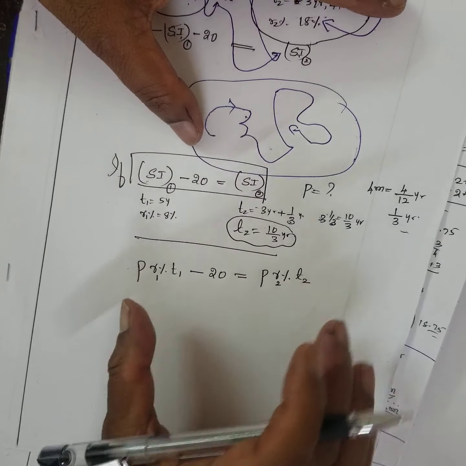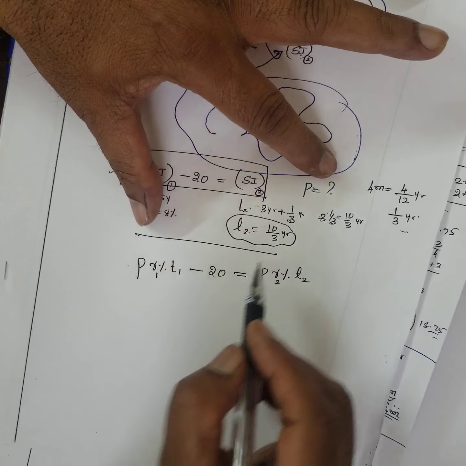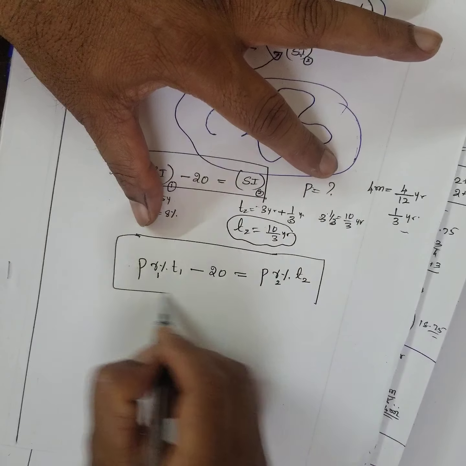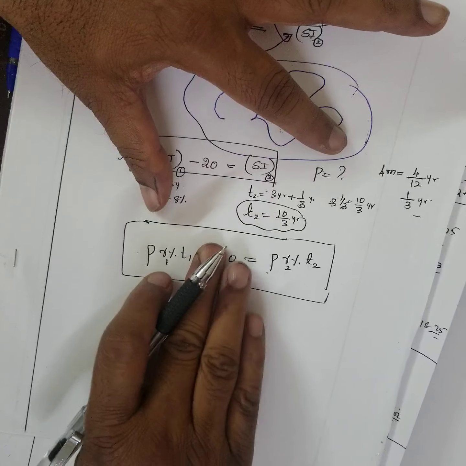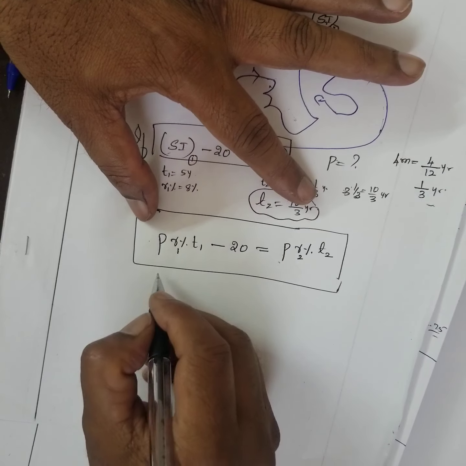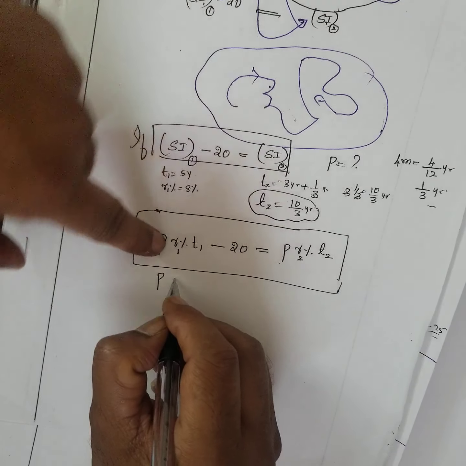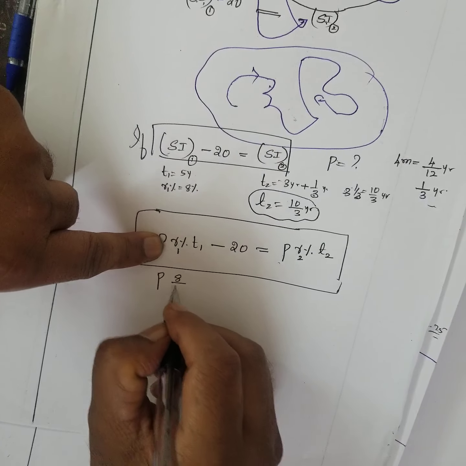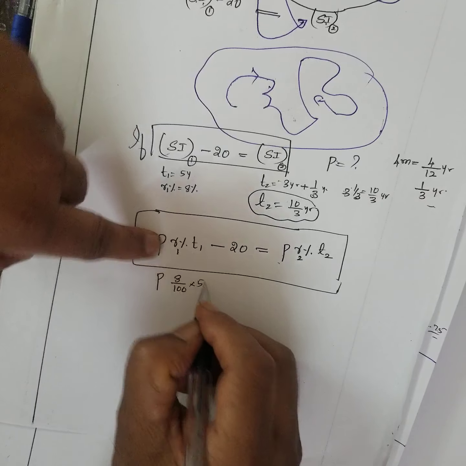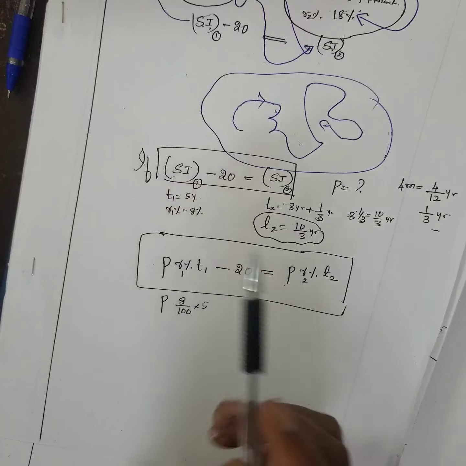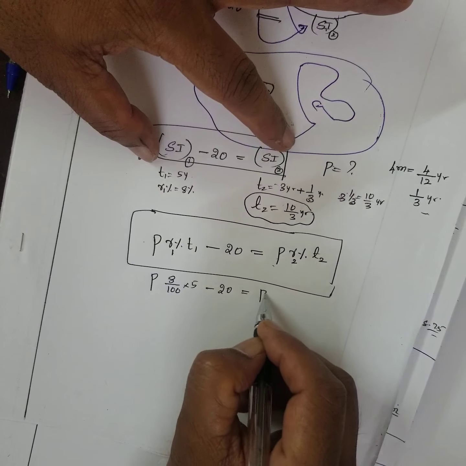I don't know how they will be using it in your schools. See, this is a natural method of solving the sum. You can cancel P if it is equal. R1 is 8% means 8 by 100 into T1, which is 5, minus 20 is equal to P.